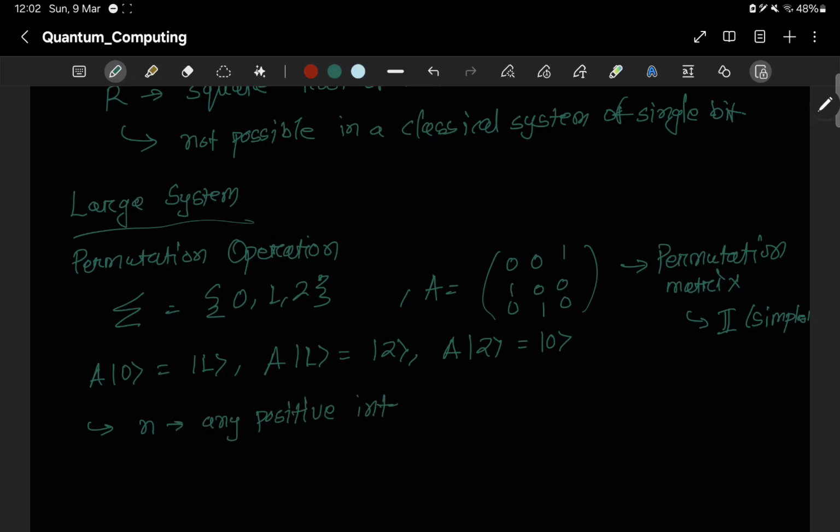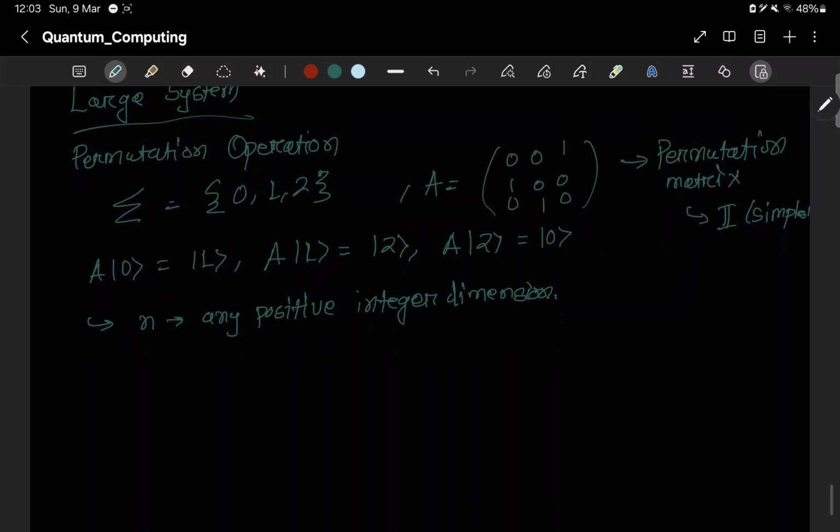Just shift the zeros of the unitary matrix by 1, like it is done for this case. So this is the example of a matrix, the permutation matrix, that represents both classical and quantum operation.